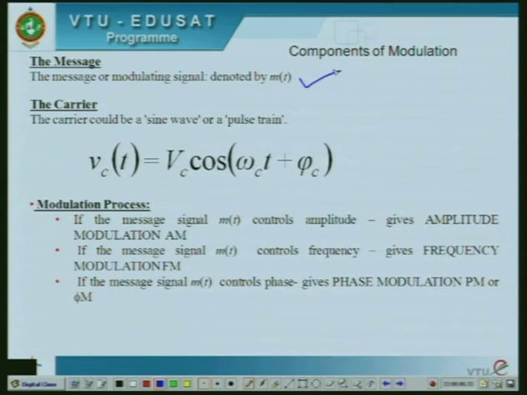For this signal to be modulated, we have a carrier signal called Vc of t. Vc is the signal that is used to carry the modulating signal M of t.